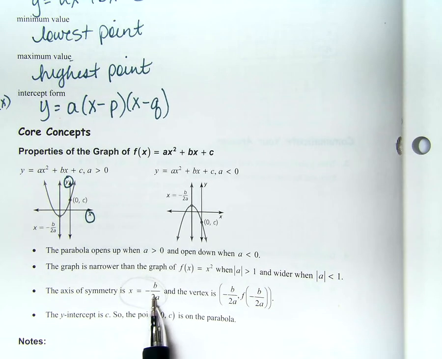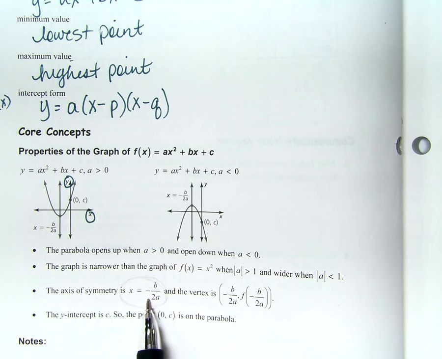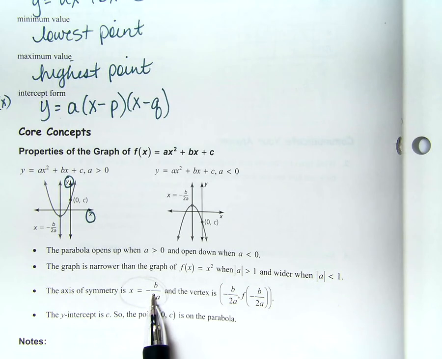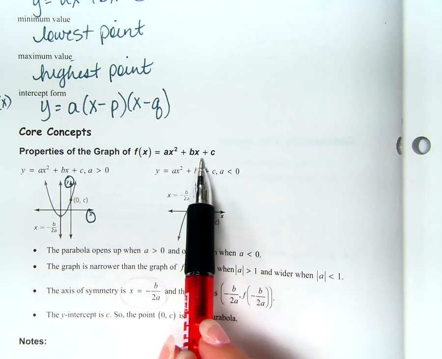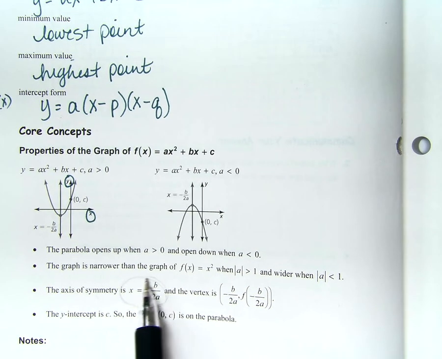Negative b over 2a is the formula for the axis of symmetry. You may not have seen it before, but if I said negative b over 2a, are you going to know what numbers to put in there? How are you going to know what numbers to put in there? Oh yeah, look at standard form. It has an a, a b, and a c. Not hard, right? So you're okay with this part, aren't you?